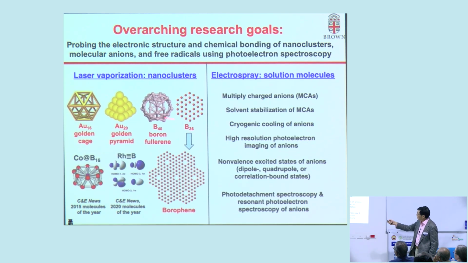We actually do two things in our lab. We study clusters, essentially to build the third dimension of the periodic table, like we heard yesterday. Another effort in our lab is to study molecules, negative ions coming from solution samples.